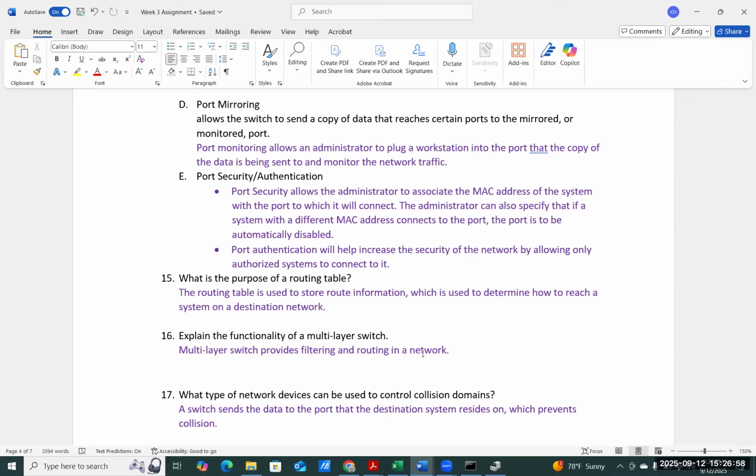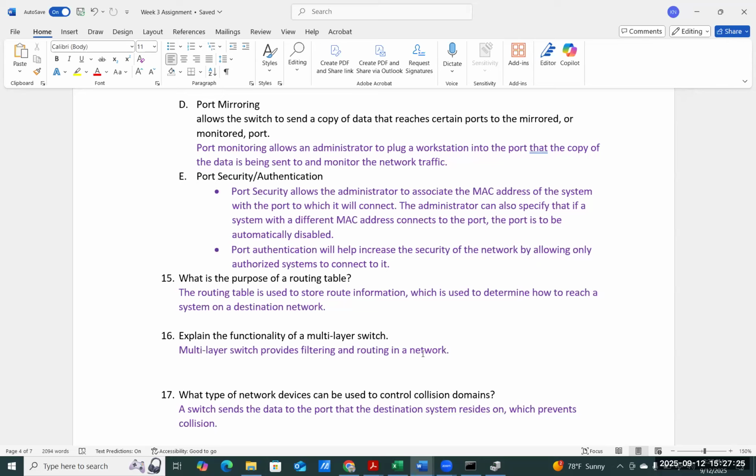In most data centers, you're going to see that they use a layer 4 or higher multi-layer switch to handle voice over IP, because your phone call to the data center needs to be routed to the section of the department that's going to handle your call. For example, if I call to complain about my bill, that will be a group of people that handles that.